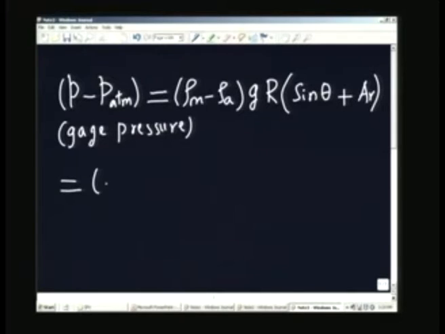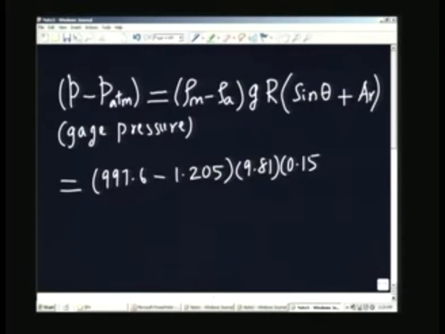Rho m is determined 997.6 minus rho a is 1.205, g I am assuming 9.81, r is 150 millimeters. So, I will convert it to 0.15 meters. In this formula, everything should be in SI units, otherwise you will not get pascals.